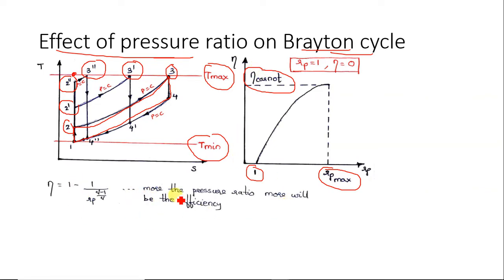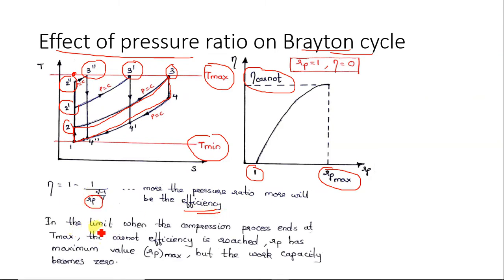So this is the pressure ratio equation. So here if pressure ratio is more, then the efficiency will increase. Okay, and in the limiting condition, when the compression process ends at T max, meaning 1 to 2 is the compression process. So if the point 2 reaches this T max temperature, that is the RP has the maximum pressure. What is pressure ratio?